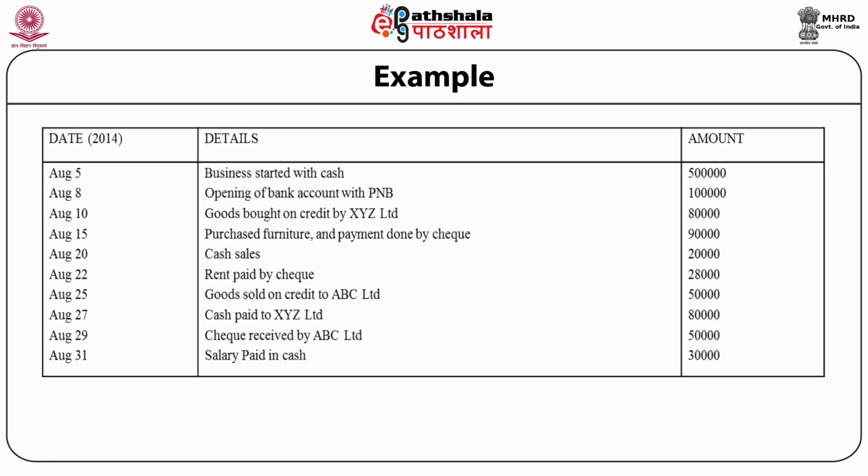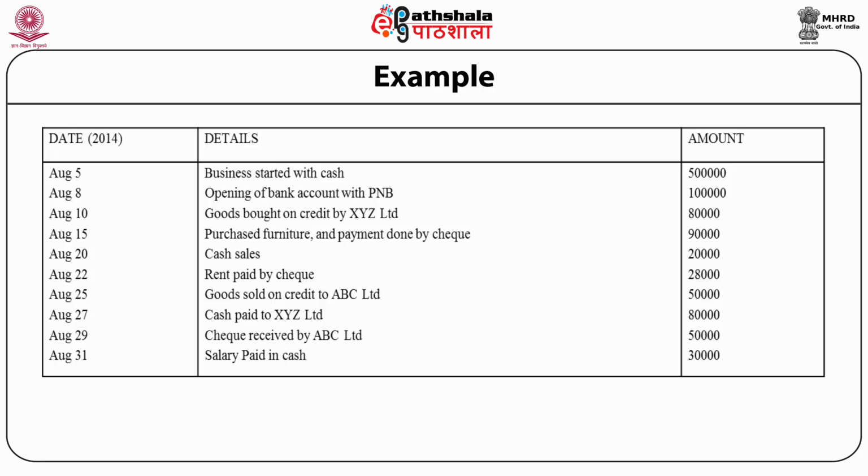August 27, cash paid to XYZ Limited, rupees 80,000. August 29, check received from ABC Limited, rupees 50,000. August 31, salary paid in cash, rupees 30,000. Now the solution to this problem.